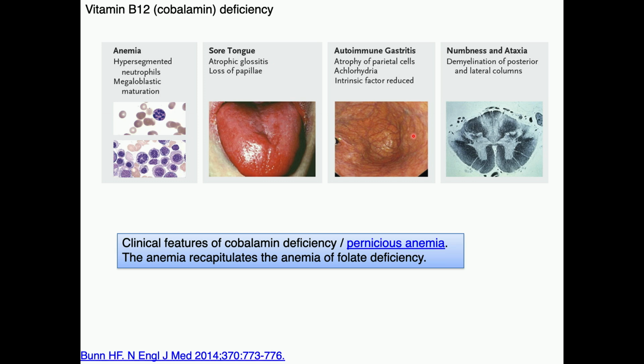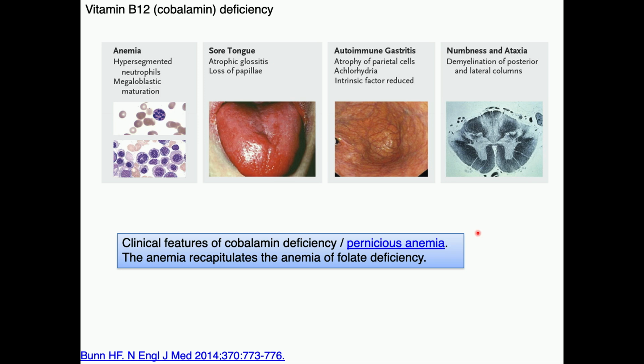The autoimmune destruction of the parietal cells that secrete intrinsic factor, which is required for vitamin B12 absorption, is one of the more common causes of the deficiency.